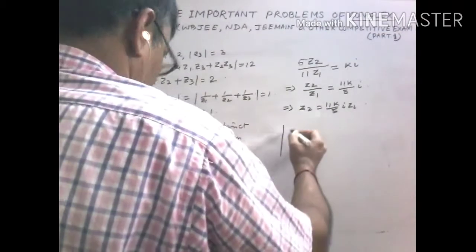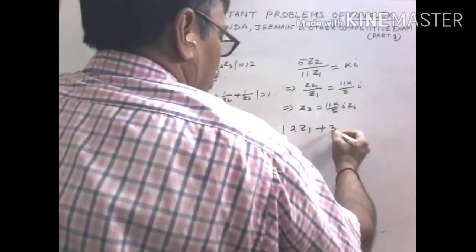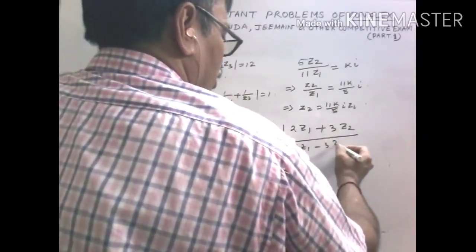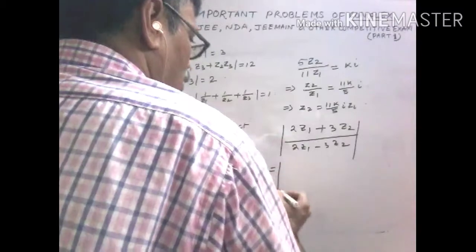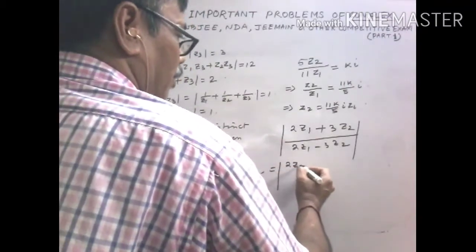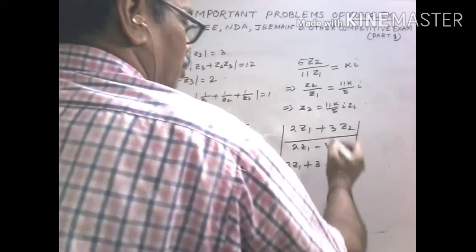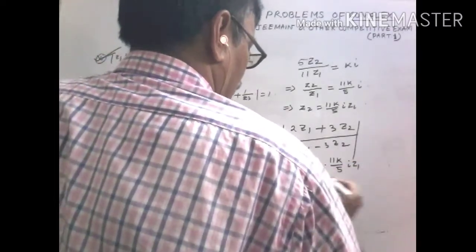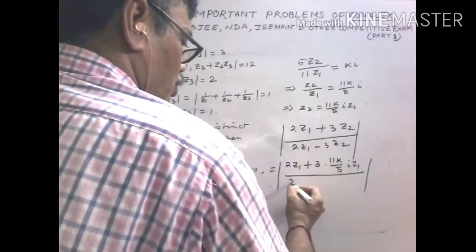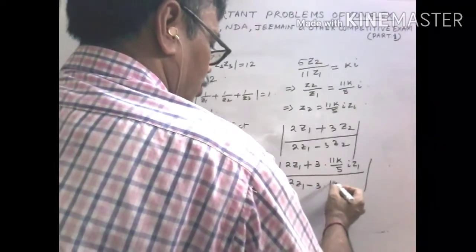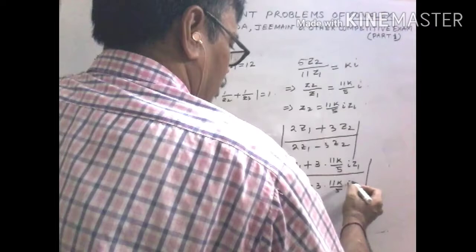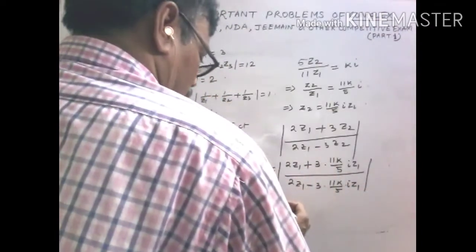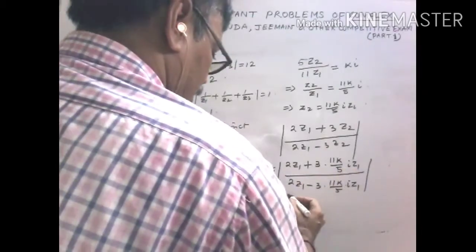Now we consider this expression: 2Z1 plus 3Z2 by 2Z1 minus 3Z2. Put the value of Z2, 2Z1 as it is. So 3 times Z2, which is 11K by 5 into i Z1, and this is 2Z1 minus 3 into 11K by 5 into i Z1. So Z1, Z1 cancel.